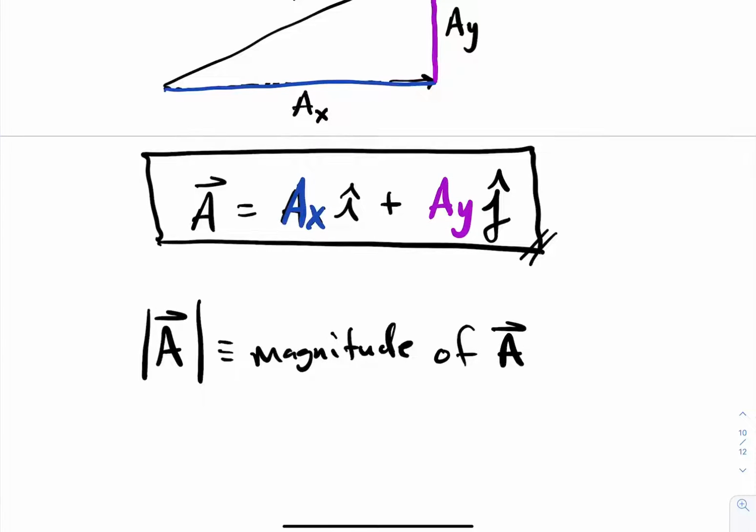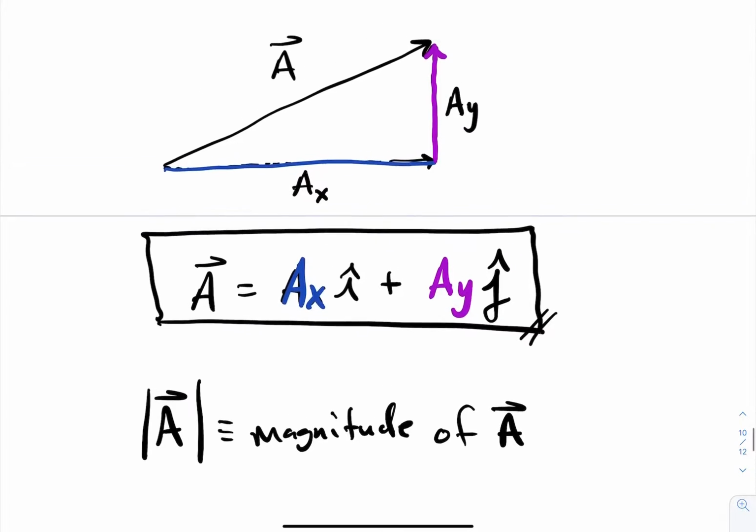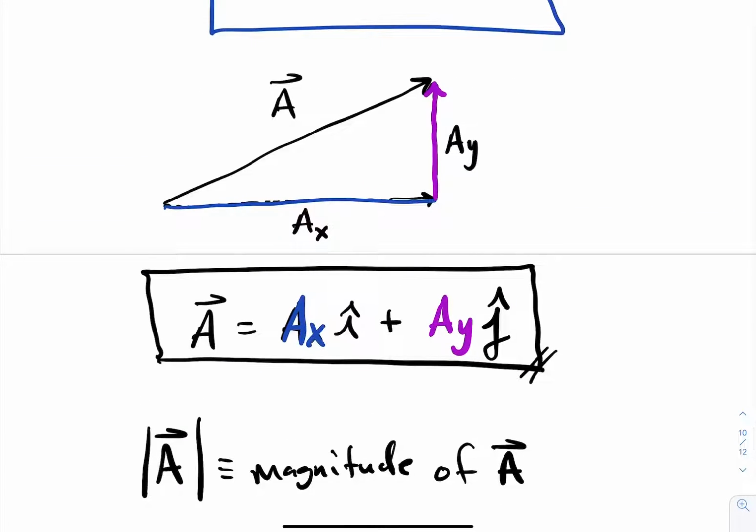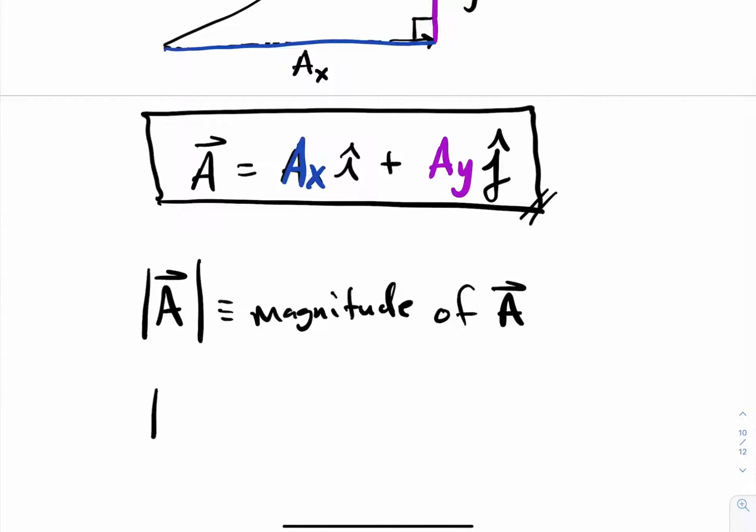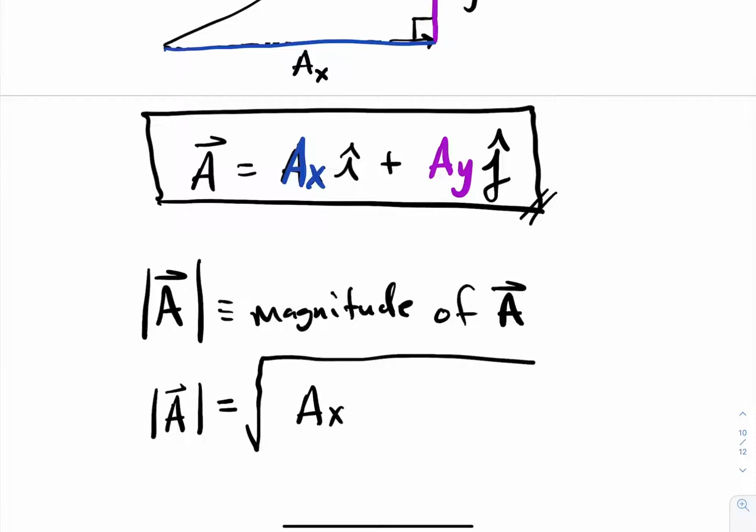But now, thinking a little bit more mathematically, when we look at A here, aren't we creating a right triangle with AX and AY? Well, if that's the case, then we know that the magnitude of A is always equal to the square root of AX squared plus AY squared. And that's secretly just the Pythagorean theorem, isn't it?